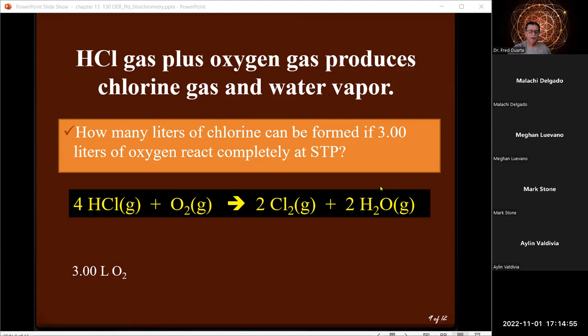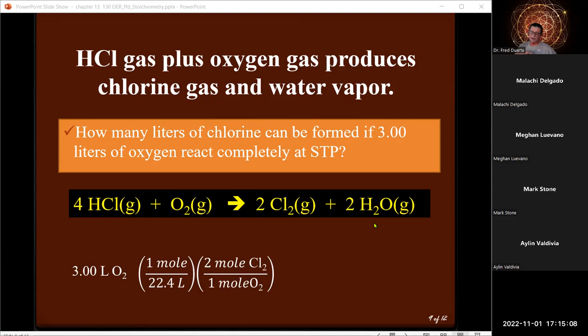We're going to convert the O2 into moles of O2 using that relationship because we are at STP. Then from a stoichiometric relationship, it's a 2-to-1 ratio, which will put us into moles of chlorine. And once we're in moles of chlorine, we need to get into volume of chlorine. And again, we use the relationship of 22.4 liters per mole. So that means that we end up with 6.00 liters of chlorine.